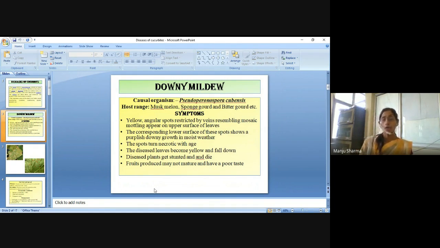Yellow, angular spots restricted by veins, resembling mosaic mottling, appear on the upper surface of leaves. The corresponding lower surface of these spots shows a purplish downy growth in moist weather. The spots turn necrotic with age.